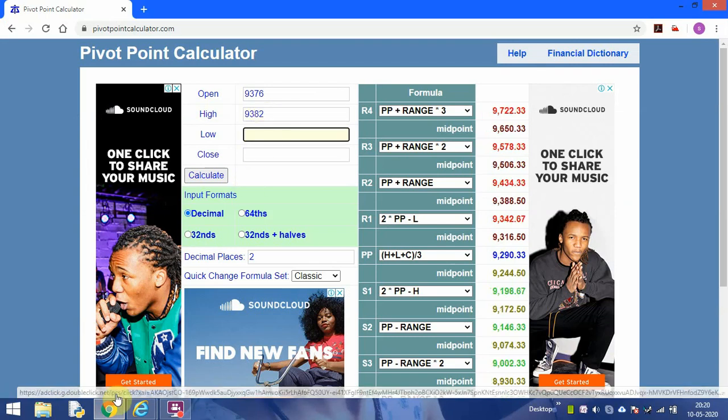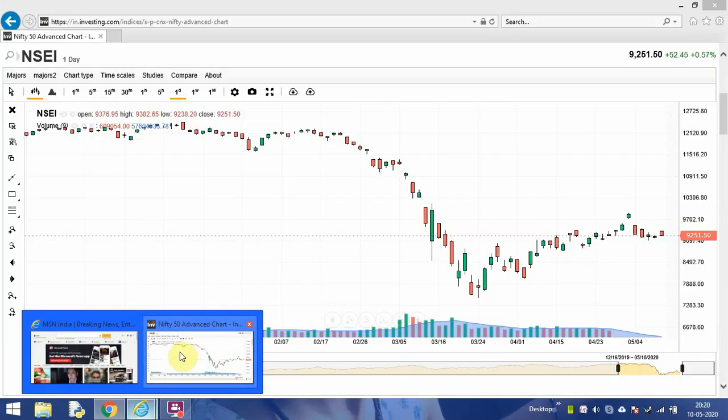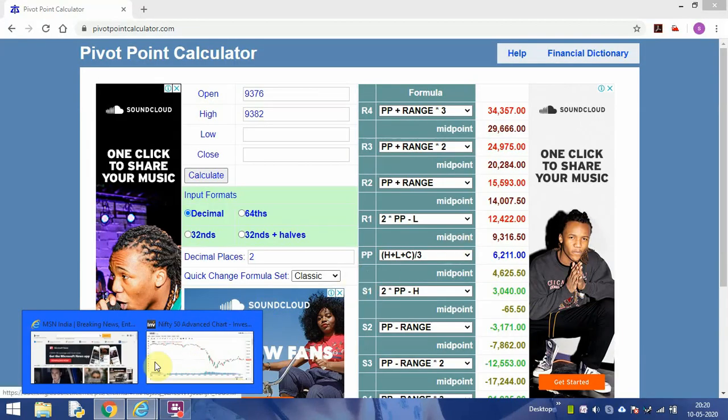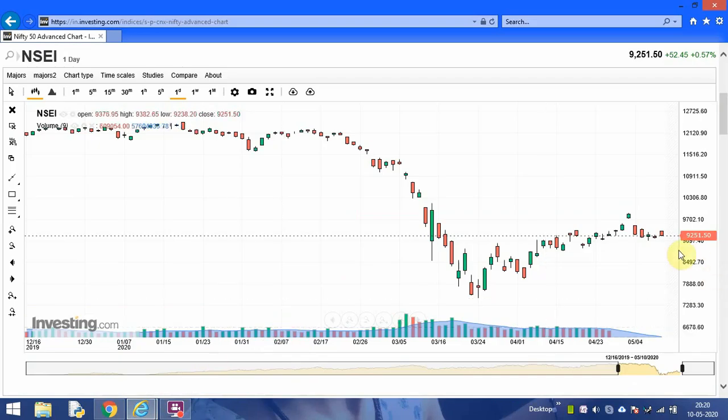Then again low. You just note here, the low value you can see is 9238.